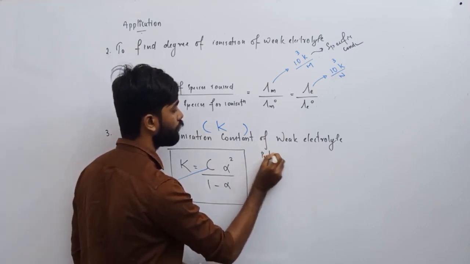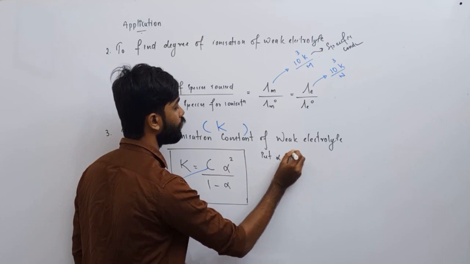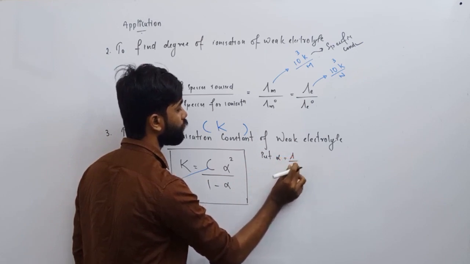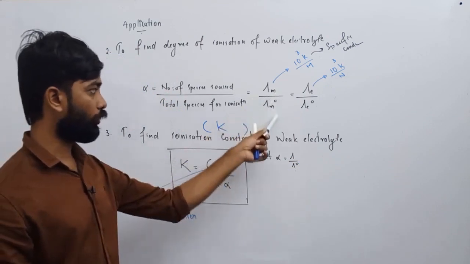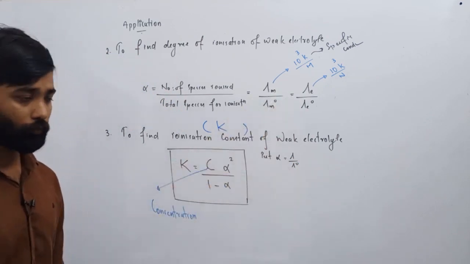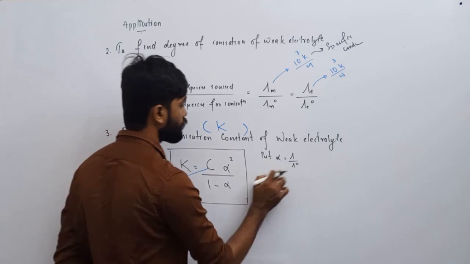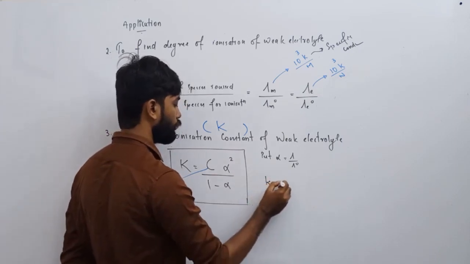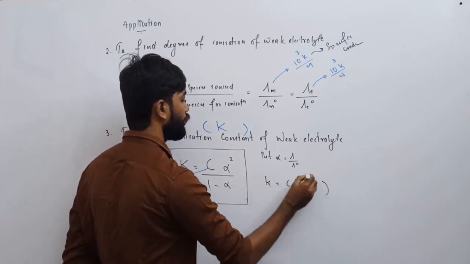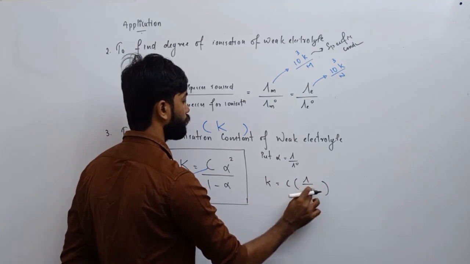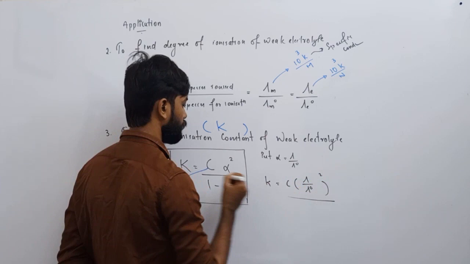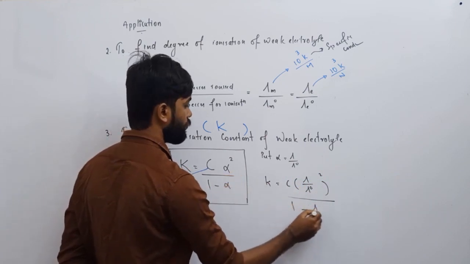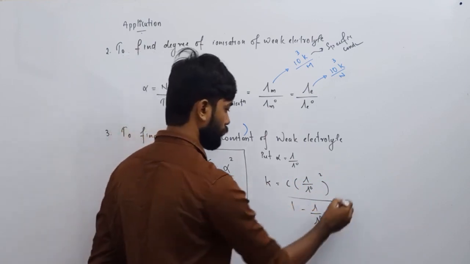Put alpha equal to lambda by lambda 0, whatever it may be, m or e. Then K equals C into (lambda by lambda 0) square divided by 1 minus lambda by lambda 0.